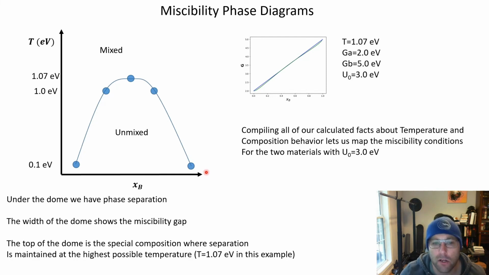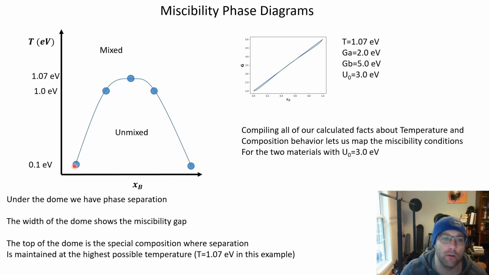And so then the question is, for a given combination of temperature and x sub b, would your mixture be unmixed or mixed? At a temperature of 0.1 from that last slide, we had a very large range inside this volcano-shaped dome where we have an unmixed state.